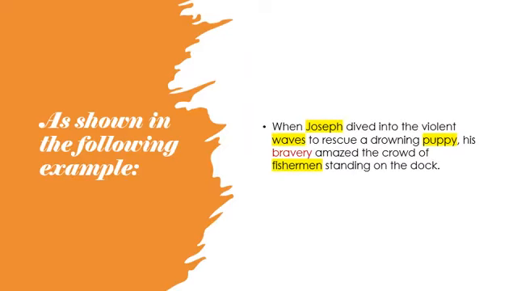Now look at the following sentence. When Joseph dived into the violent waves to rescue a drowning puppy, his bravery amazed the crowd of fishermen standing on the dock. Now tell me, what are the nouns in this sentence? Joseph, waves, puppy, bravery, fishermen.